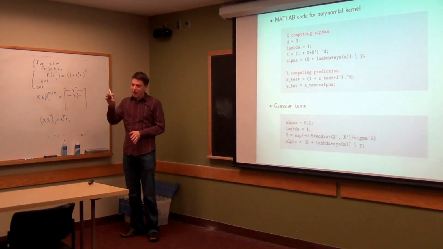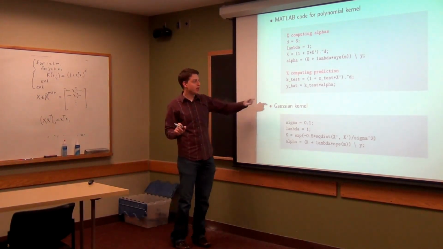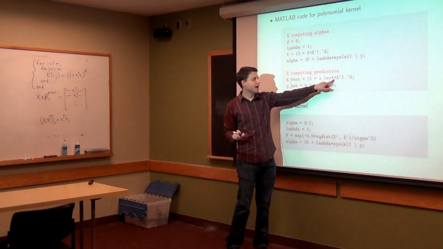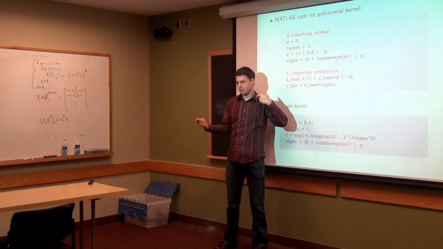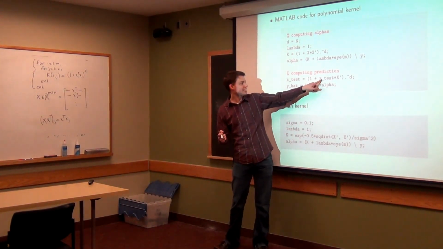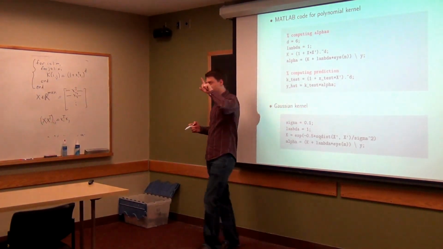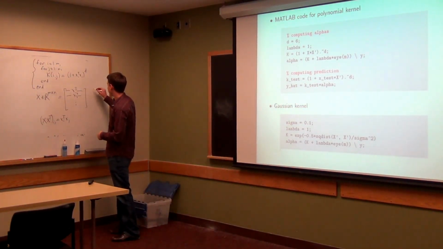OK, so to actually make a prediction, we still need to do something. We take a new vector, x test, which is our new data point that we want to make a prediction on. Here x test would be a row vector, basically x prime transpose.